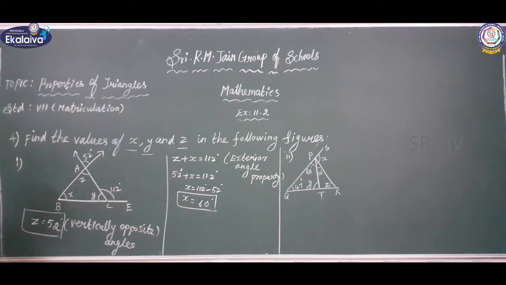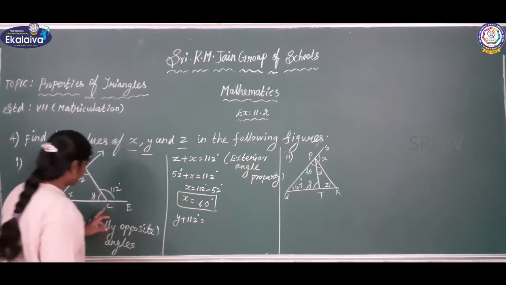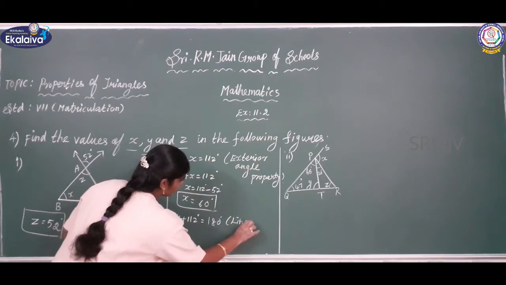Next we are going to find the y value. See here, y plus 112 is a straight line and one ray is passing through this, so we can use the concept of linear pair here. So y plus 112 degrees equals 180 degrees because of linear pair.